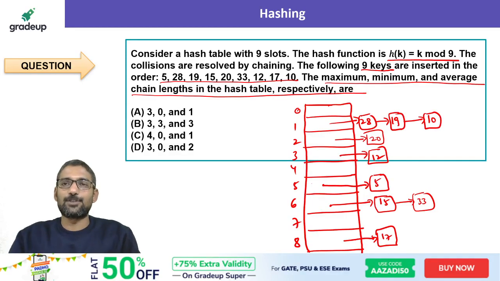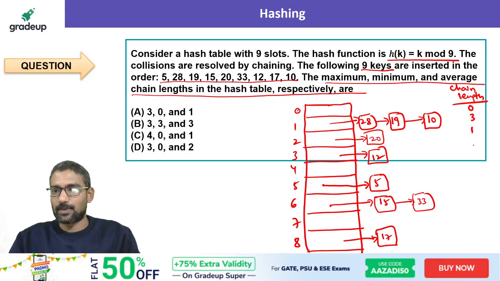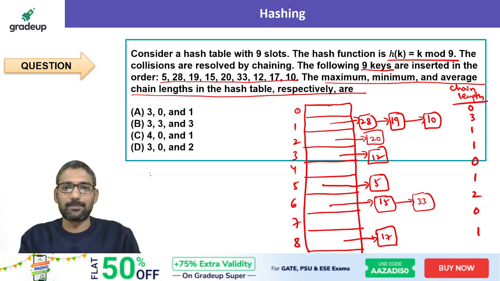So what is the chain length? Slot 0 has 0, slot 1 has 3, slot 2 has 1, slot 3 has 1, and so on: 0, 1, 2, 0, 1. So now what is maximum? 3. Minimum of course 0.